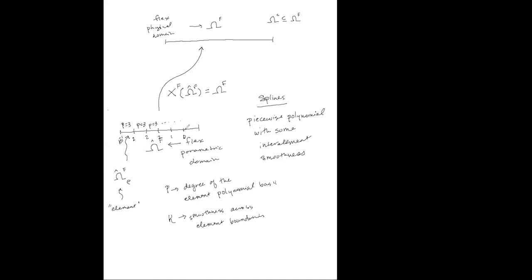Okay, so what you're doing is you're connecting one polynomial segment to its neighbor with a certain level of smoothness across the boundary. And what that allows you to do is fix the polynomial degree, but notice you're adding functions because you have multiple elements.